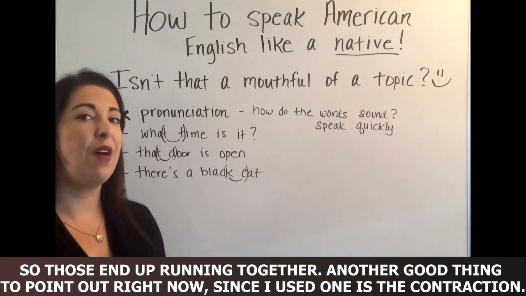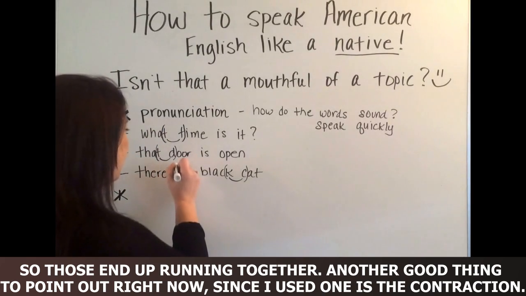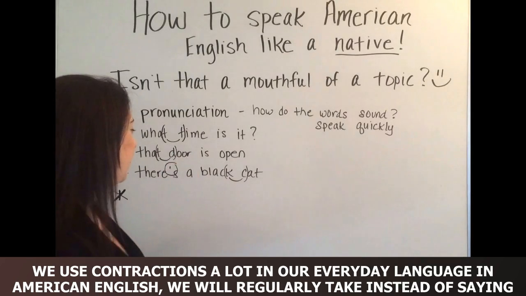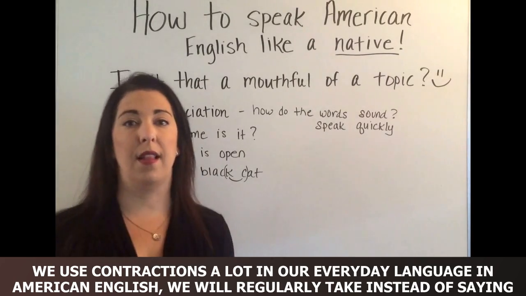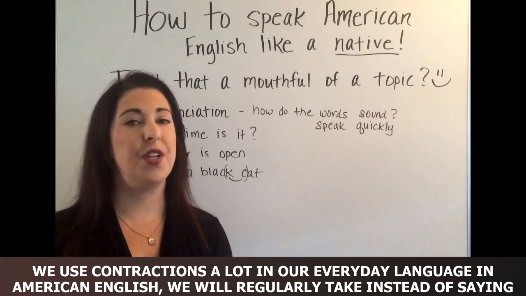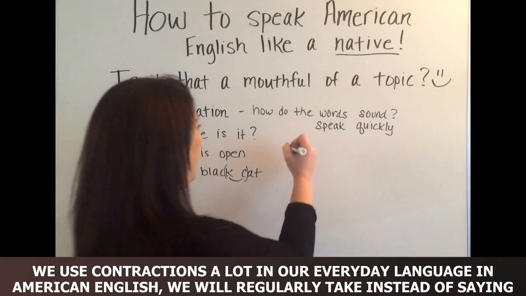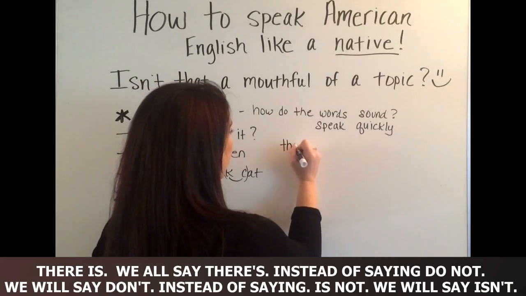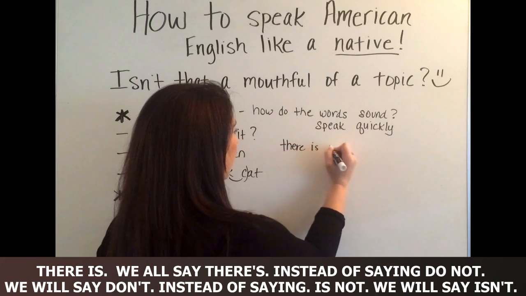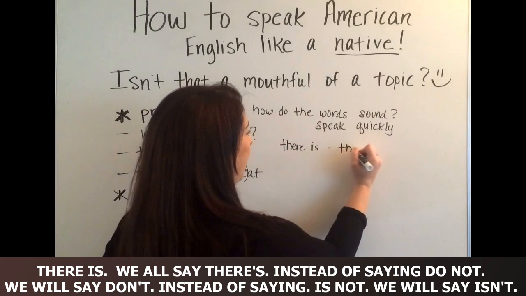Another good thing to point out right now, since I used one, is the contraction. We use contractions a lot in our everyday language in American English. We regularly will take, instead of saying "there is," we will say "there's."